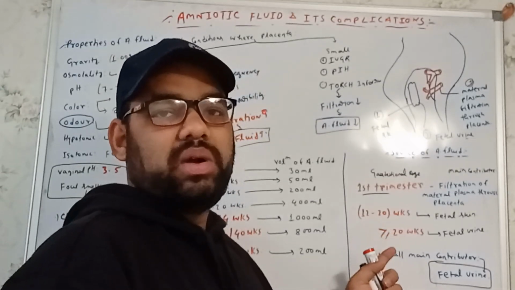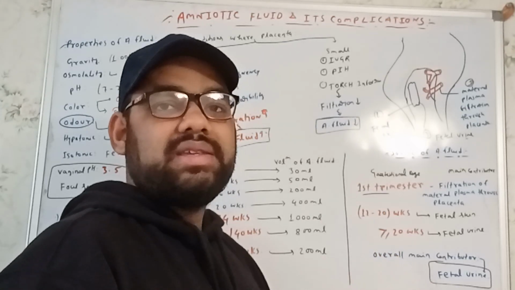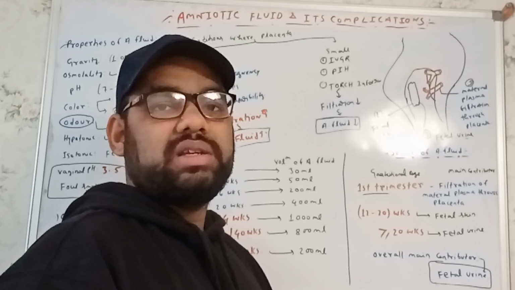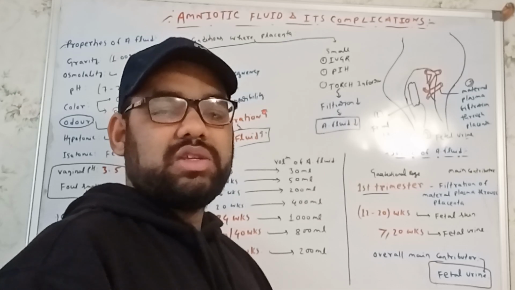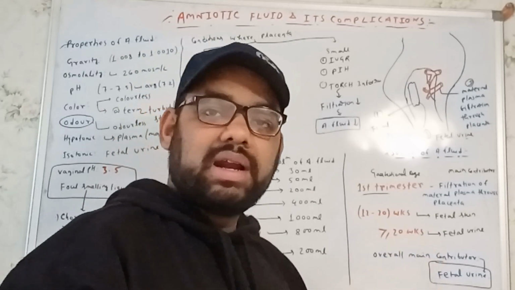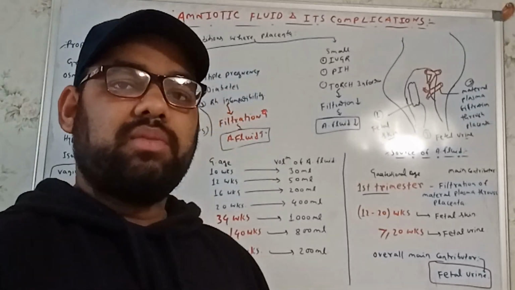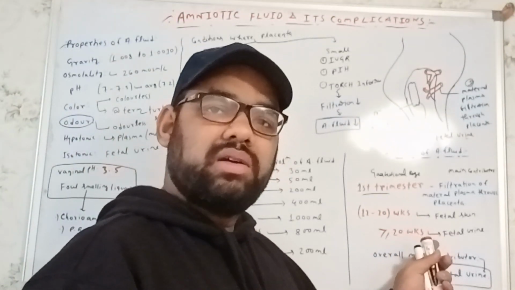Around 20 to 22 weeks the fetal skin is keratinized. As a result, it will stop producing amniotic fluid. After that, the responsibility will be taken over by the fetal urine. But in certain conditions, for example if we see some problems, for example a neural tube defect, right?